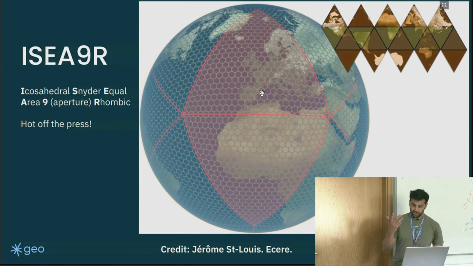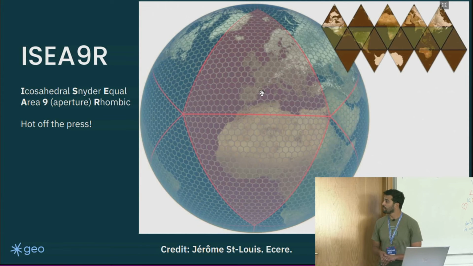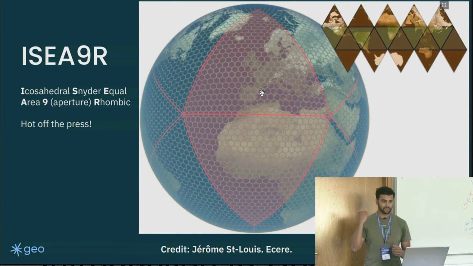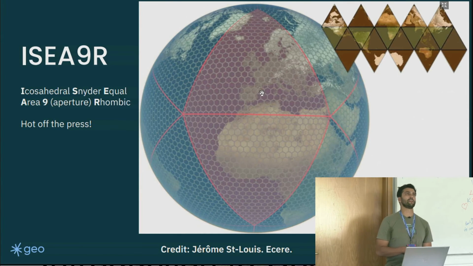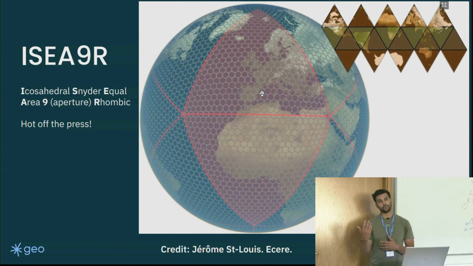I was talking with Jérôme from Écrit, and he has been working quite heavily on this discrete global grid. It's called the ixoctahedron Snyder equal area 9 aperture rhombic. An aperture just means the number of children underneath that cell, so there are 9 children under there if you split it up. You can have different apertures, 3 or 4.